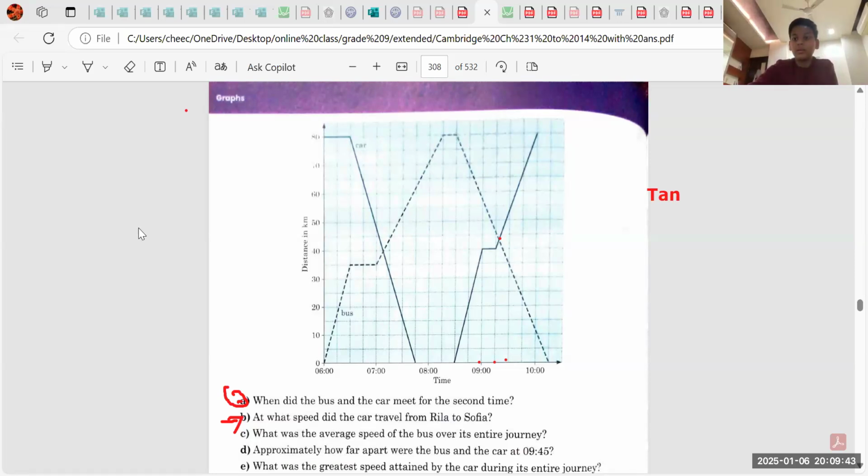I am saying that this is 9:15. Yes, sir. This is 9:30. So this would be 9:20 because it's more closer towards 9:15. Okay, sir.